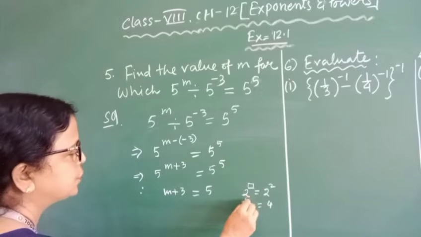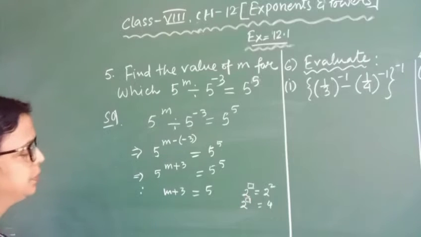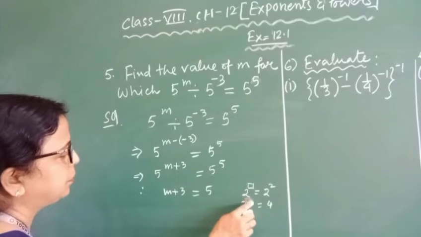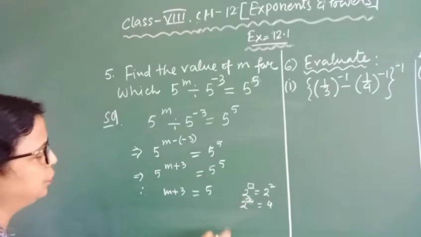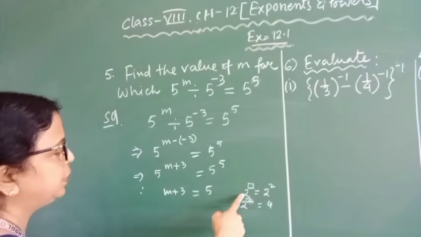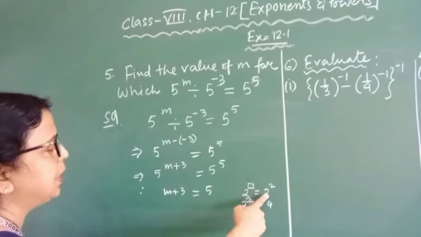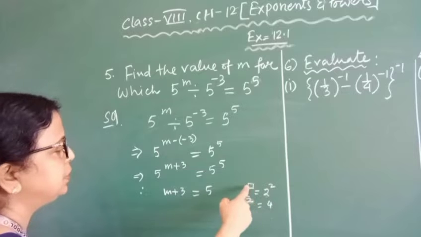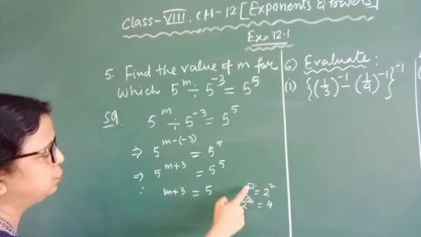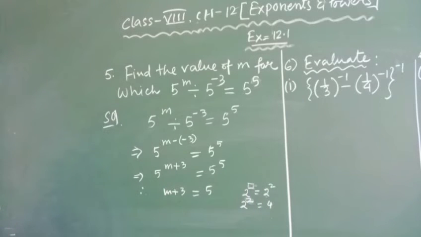So in the box, what power will you write? You will write 2. It is possible only when the bases are same and their values are equal, then their powers must be same. So the powers are same, then only the values will be same.